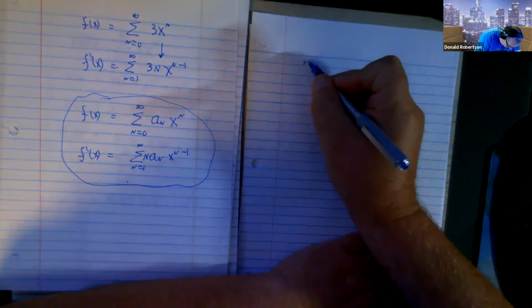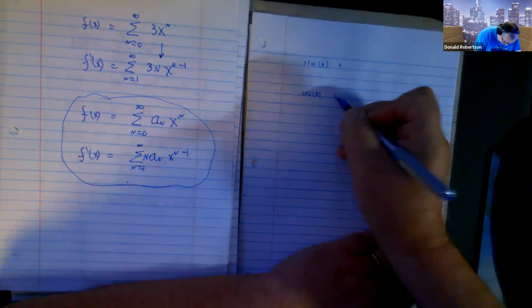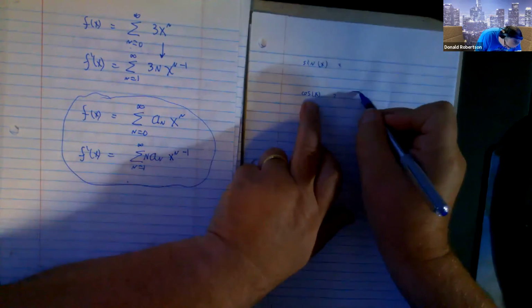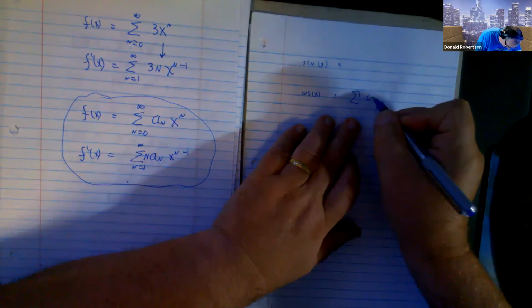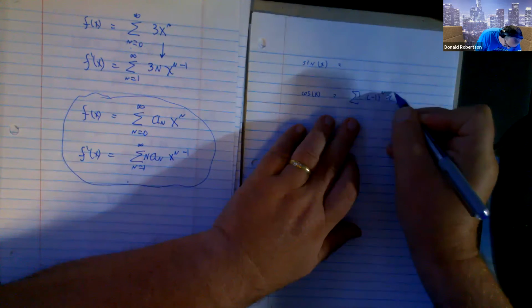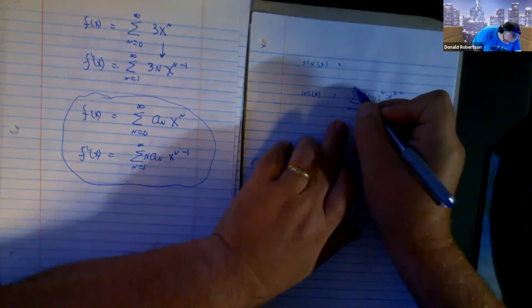Now, I'm going to jump the gun a little bit, but it's kind of cool. The power series for a cosine is that.